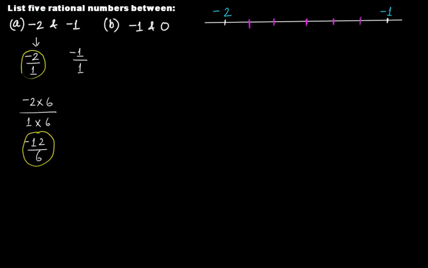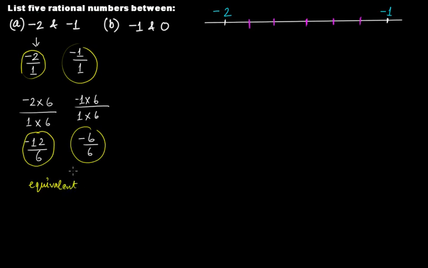Similarly, you do the same thing here. -1 times 6 and 1 times 6. What do you get? You get -6 over 6. This rational number, that is -1 only, and this rational number are equivalent rational numbers.